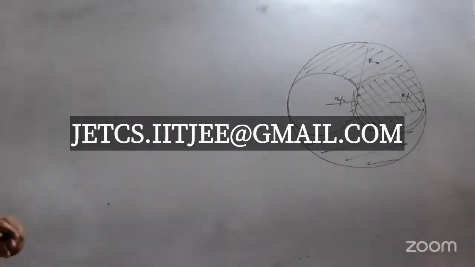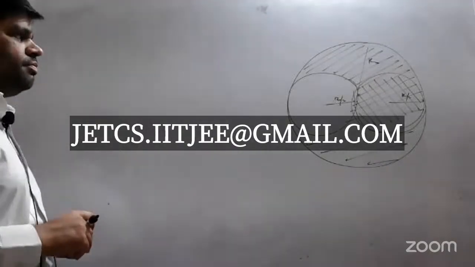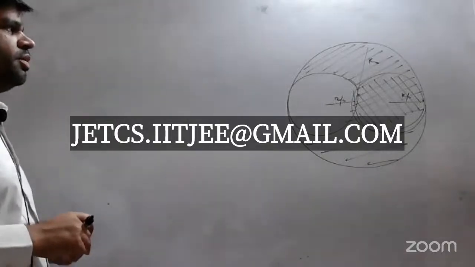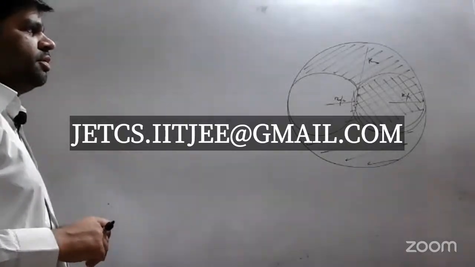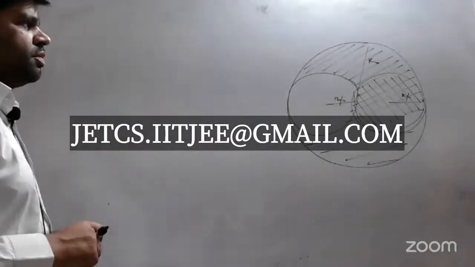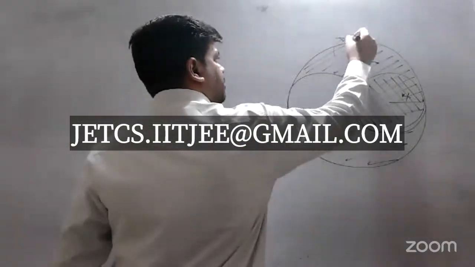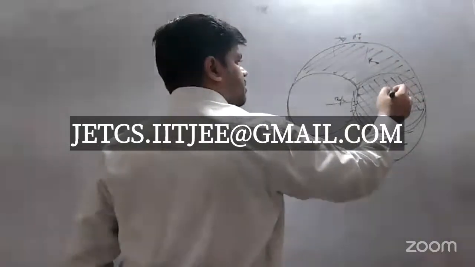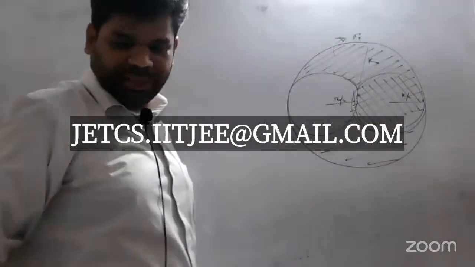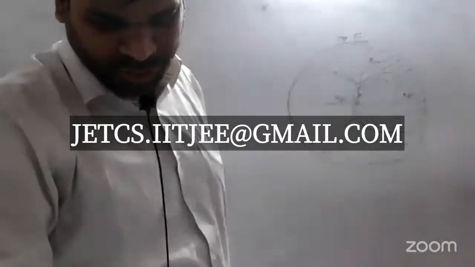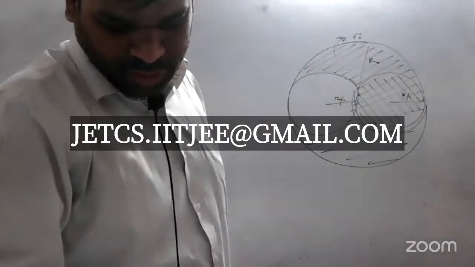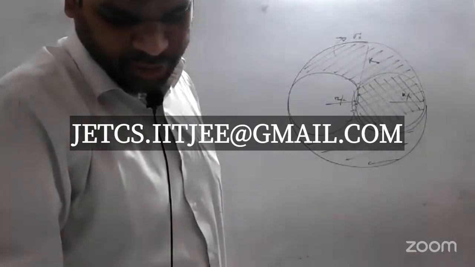So what do I do? Let us say I fill this with sigma. He has given this density, right? He has said uniform disk of radius R. So let us say that is sigma.